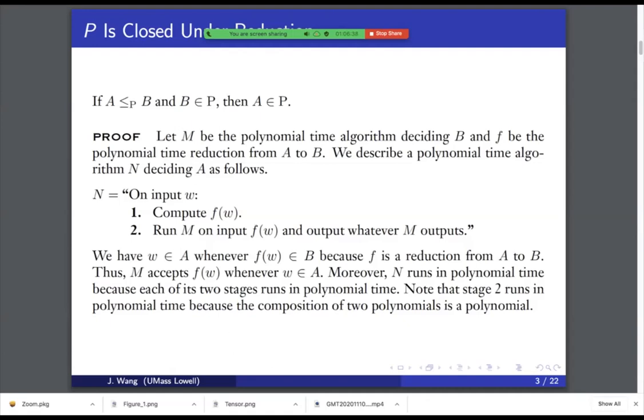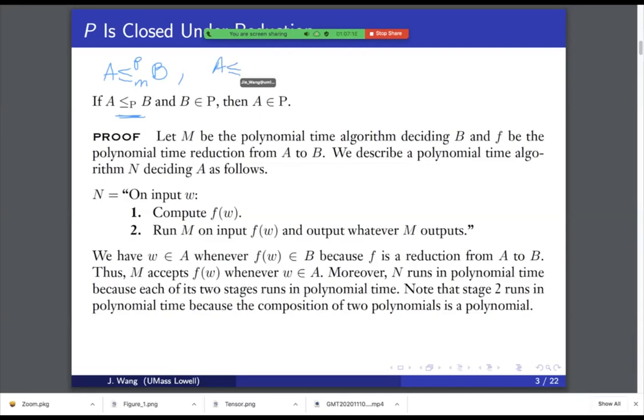What that means is this: if A is polynomial time reducible to B. Now this notation is what's used in the book, but in general people like to denote this as A reduces to B by many-one reduction in polynomial time. Or we can also talk about Turing reduction.